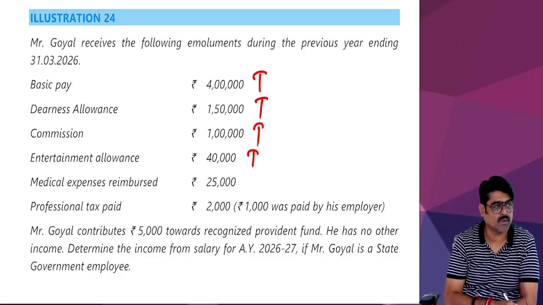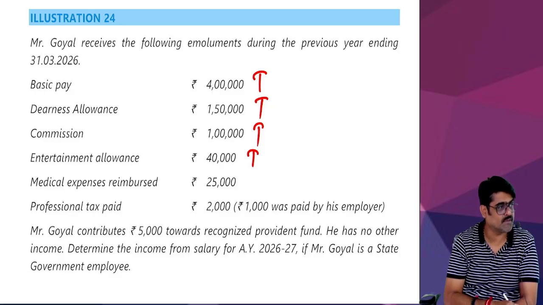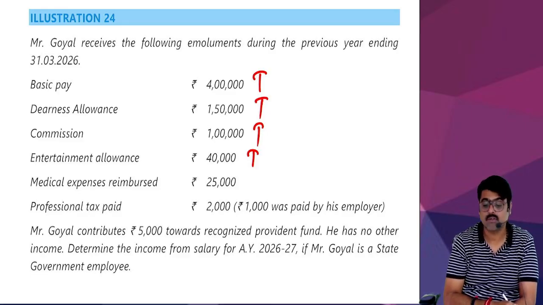Section 16 clause 2. How much deduction are you going to get? Three amounts, A, B, C, whichever is lower. A, one-fifth of basic. Do you have basic? One-fifth of that is 80,000. B, actual entertainment allowance, how much? 40,000.